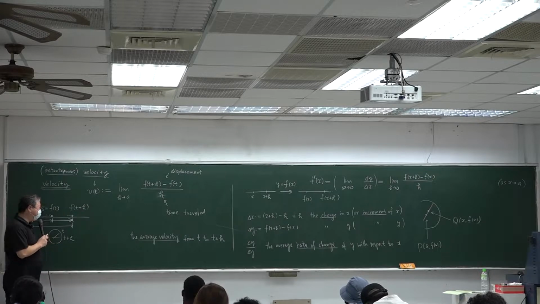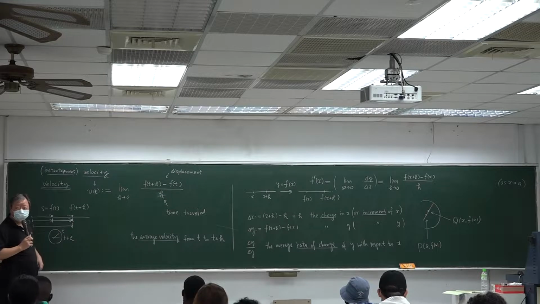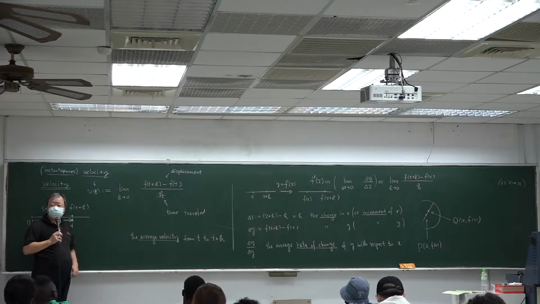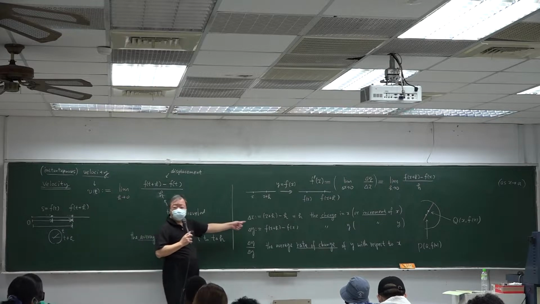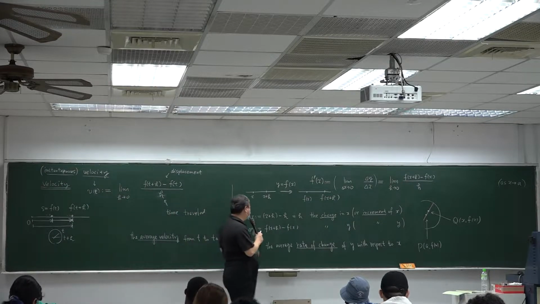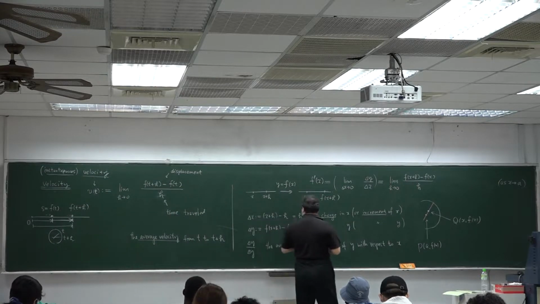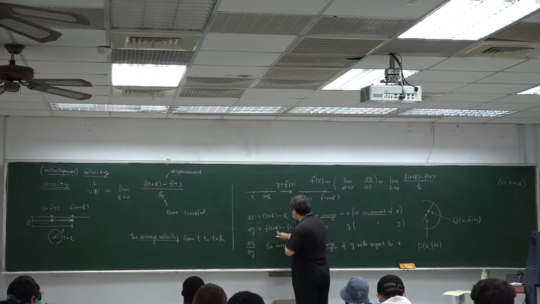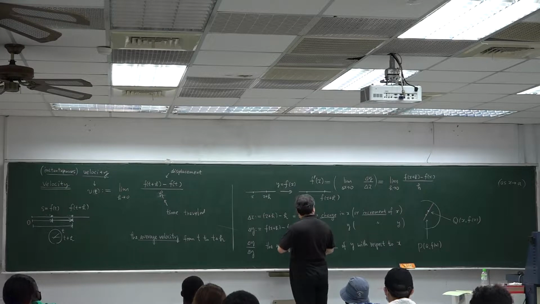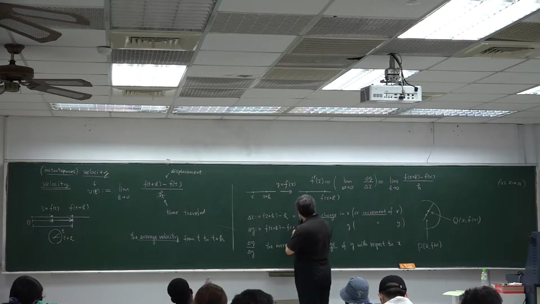The amount of time is t plus h minus t. Oh, here, x plus h minus x, and f of x plus h minus f of x.